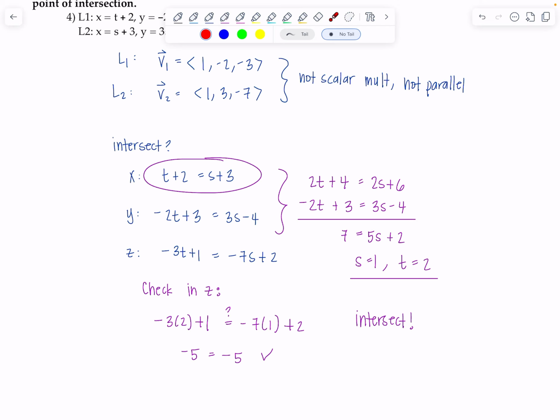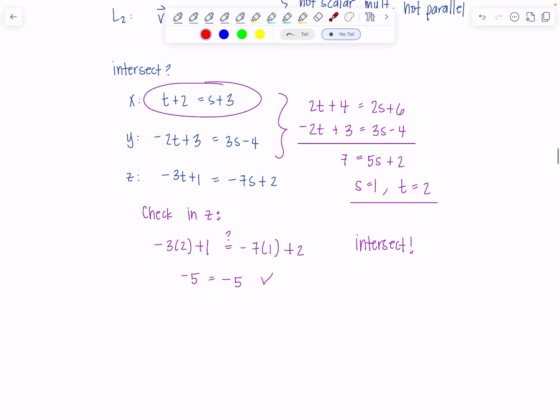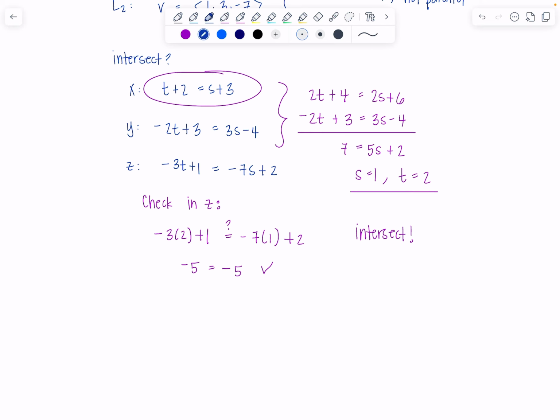It doesn't matter, they intersect, so you'll get the same ordered triple. They intersect at 4, negative 1, negative 5. If we couldn't find where they intersect, then we would say they're skew. And it is important to verify that they're not parallel, because parallel lines can intersect at infinitely many places if they are the same line.